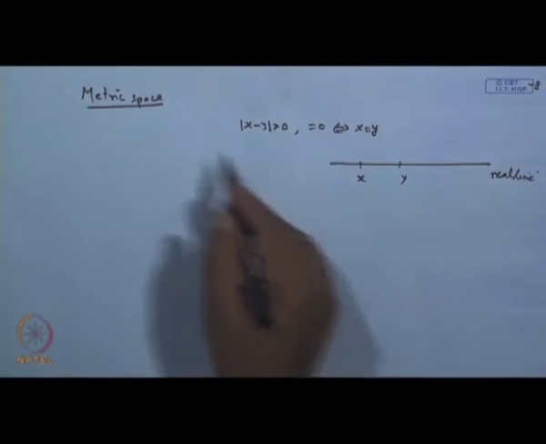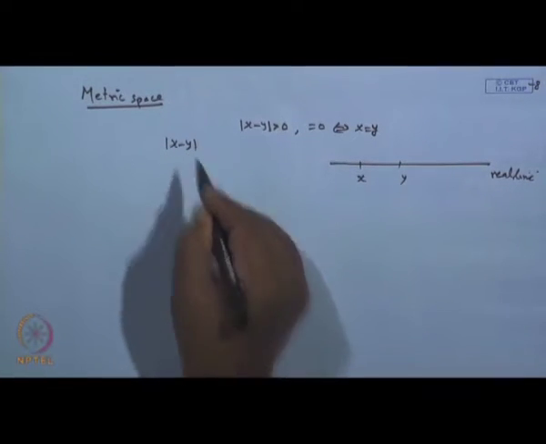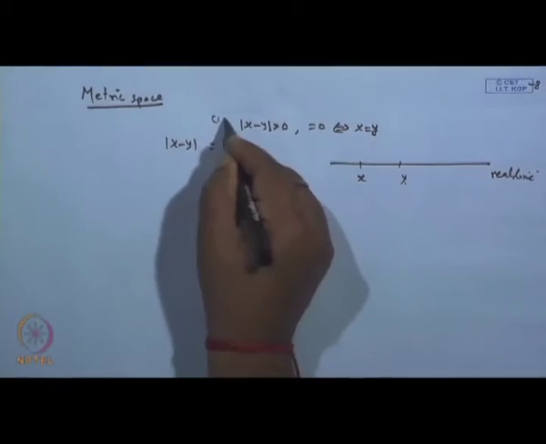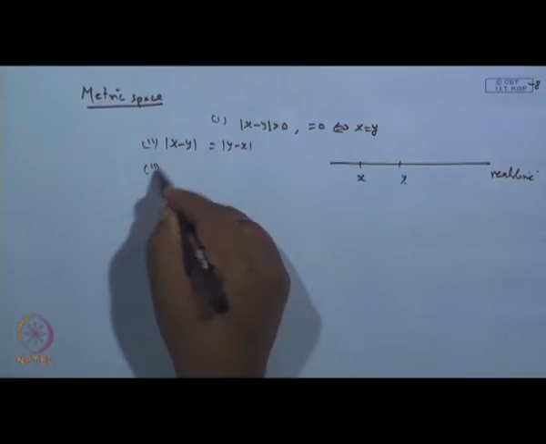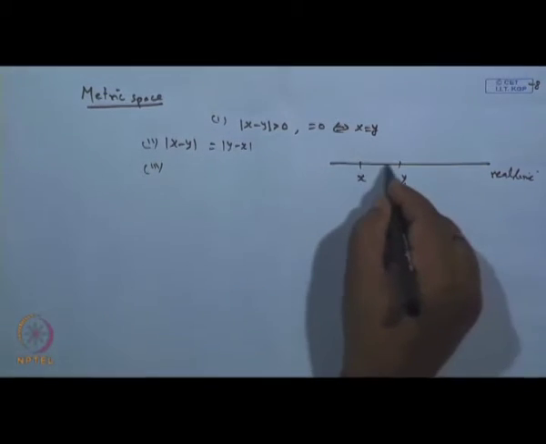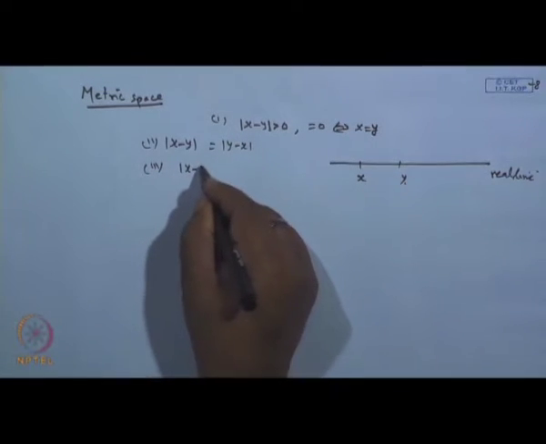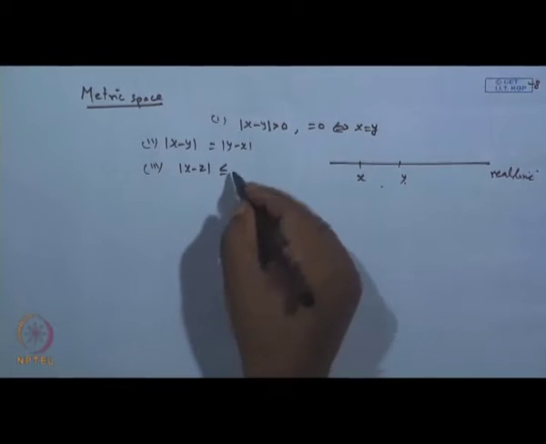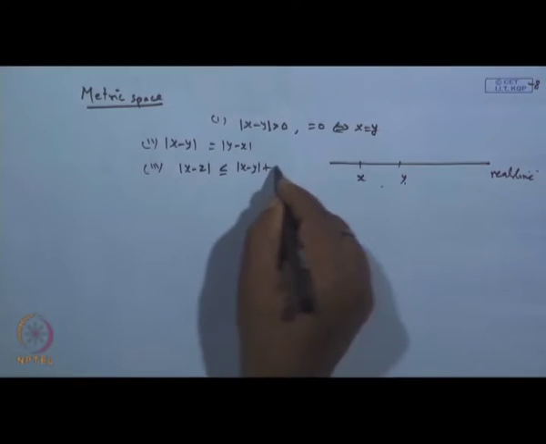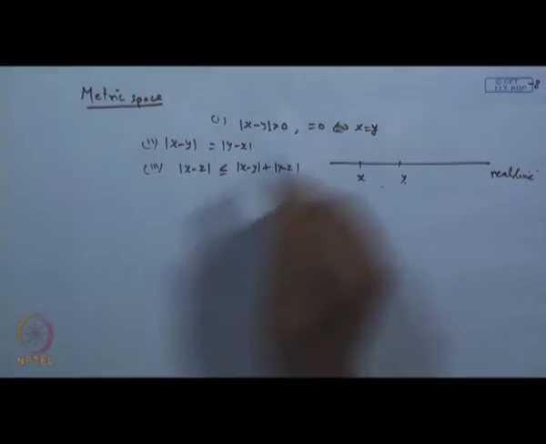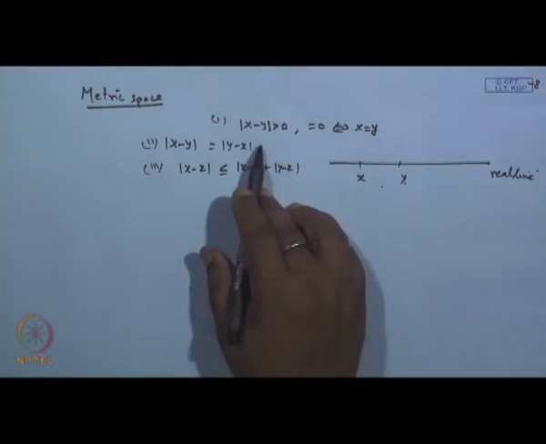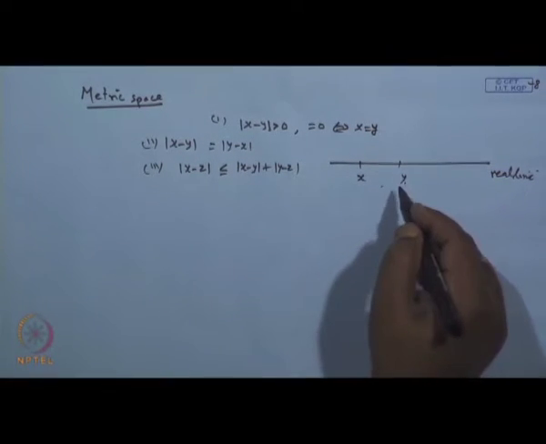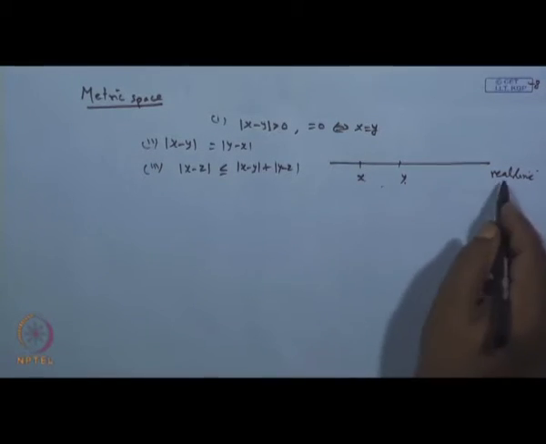Then if we measure the distance either from x to y or from y to x, both will be the same. Third, when we take any point z either in between x and y or maybe outside, then this will remain less than or equal to mod x minus z plus mod z minus y. So, these properties are satisfied by the absolute function, or we say the distance function, defined on the real numbers or on the real line.